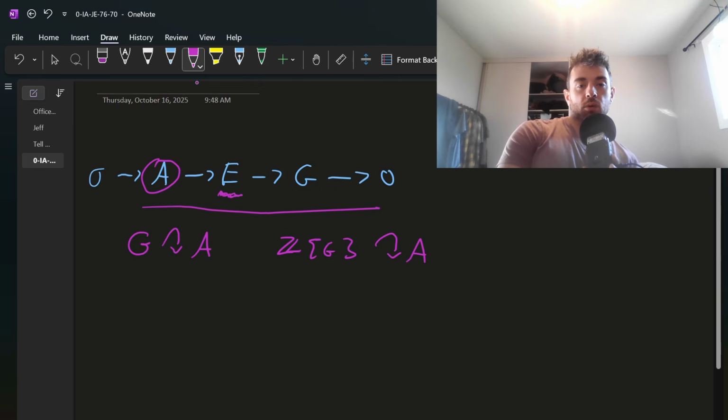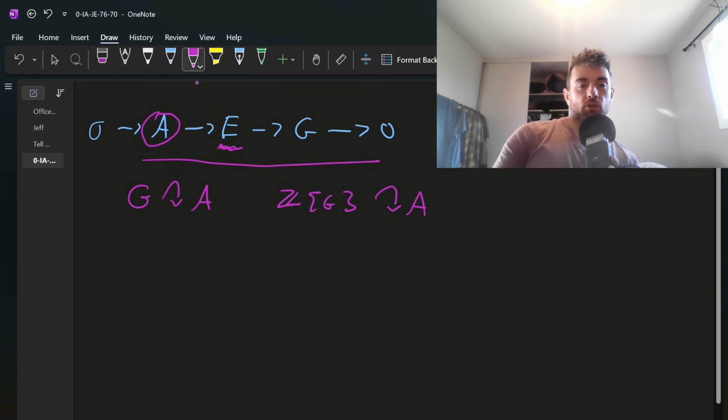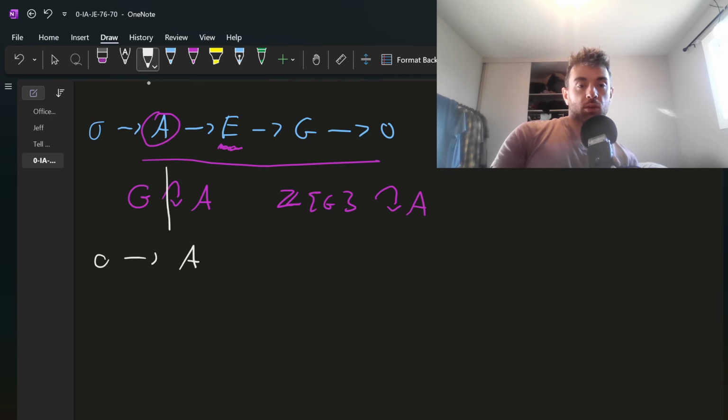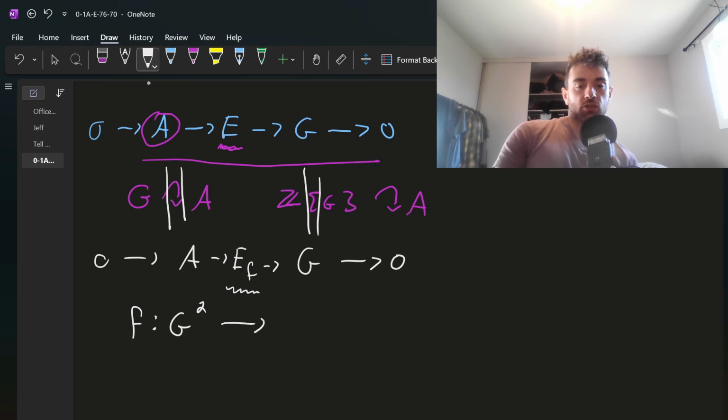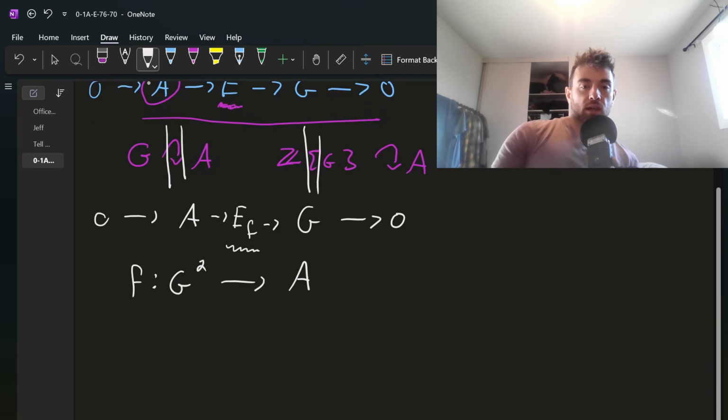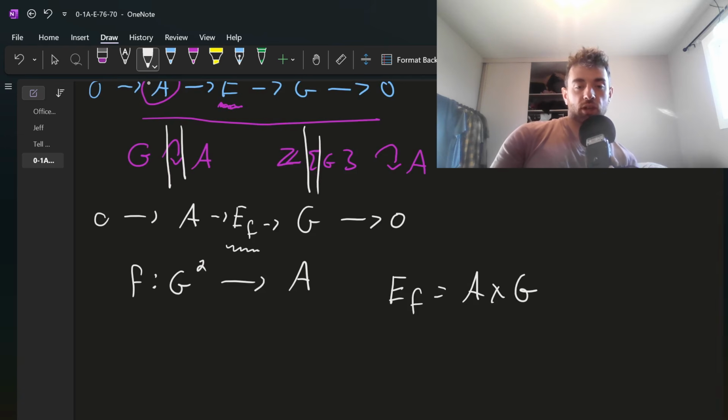So not only were we able up to isomorphism to describe that group, but actually the entire short exact sequence, in terms of equivalences of short exact sequences, could be modeled in the following way, where we had some particular function that took in pairs of elements of G and returned elements of A. The underlying set of E_F was A cross G, where we have a group law that was described in the following way.